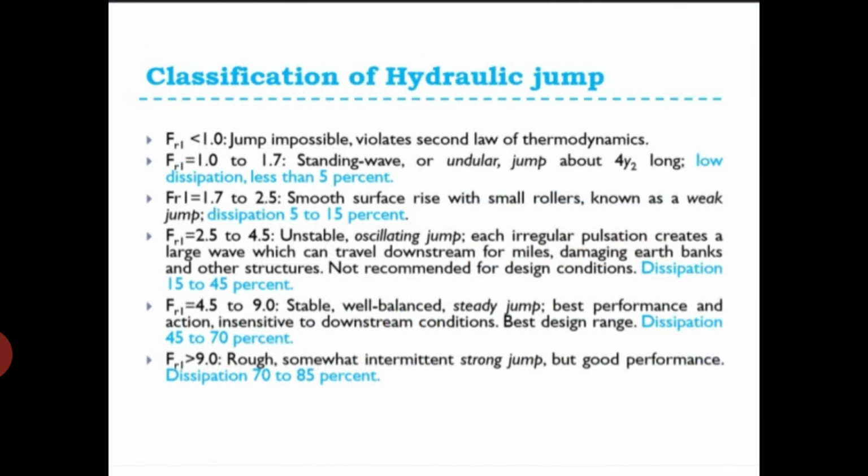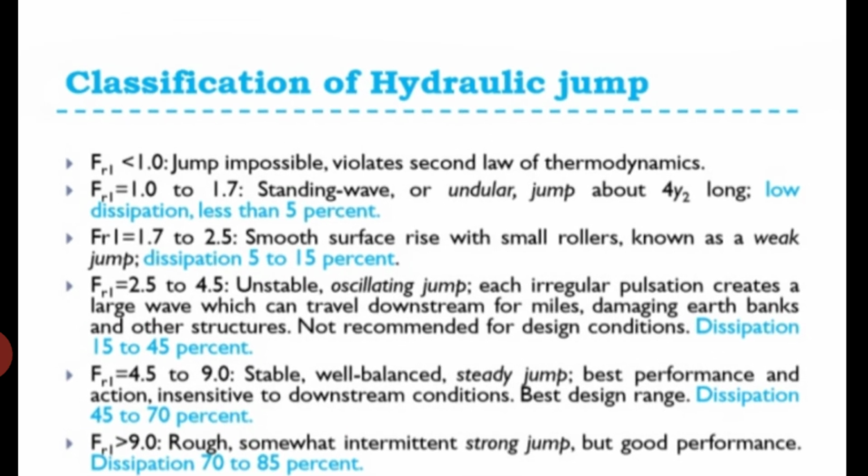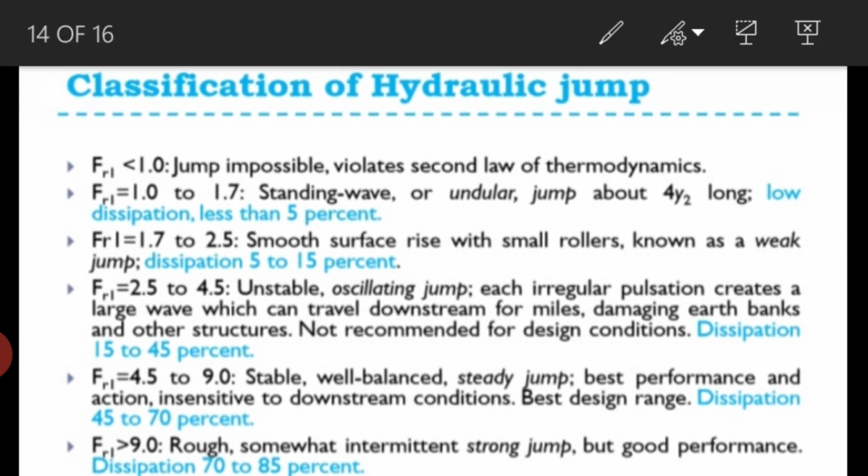Next, classification of hydraulic jump. Based on the Froude number: a Froude number equal to 1 is called critical flow, less than 1 is subcritical, greater than 1 is supercritical. Here it is given that if the Froude number is less than 1, a jump is impossible, as it would violate the second law of thermodynamics.